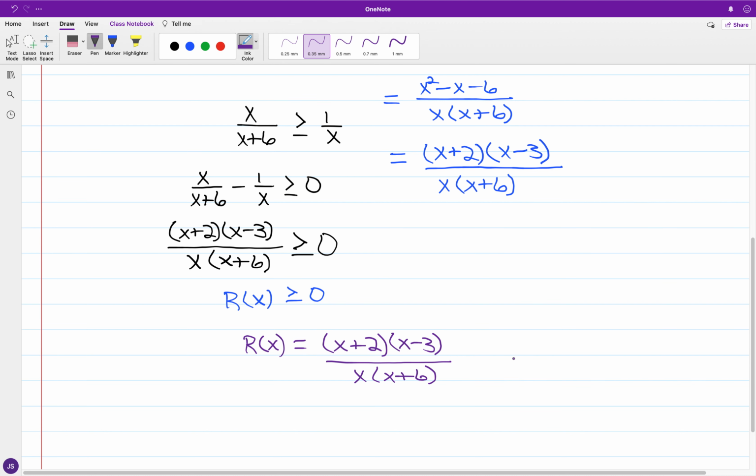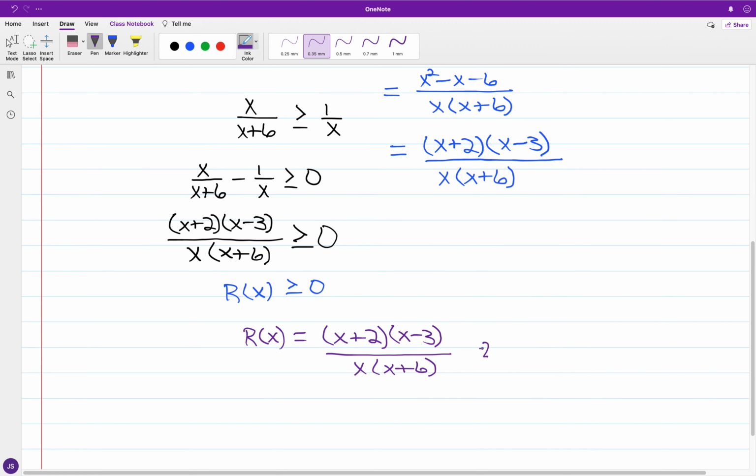I'll go ahead and identify the zeros. For x plus 2, the zero is negative 2, and since that factor is in the numerator, that one is in the domain. For x minus 3, x equals 3, again only in the numerator, so it is in the domain.